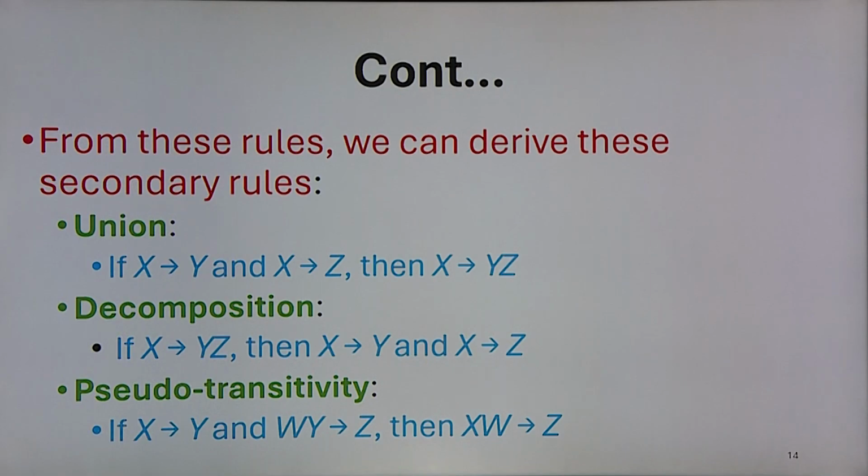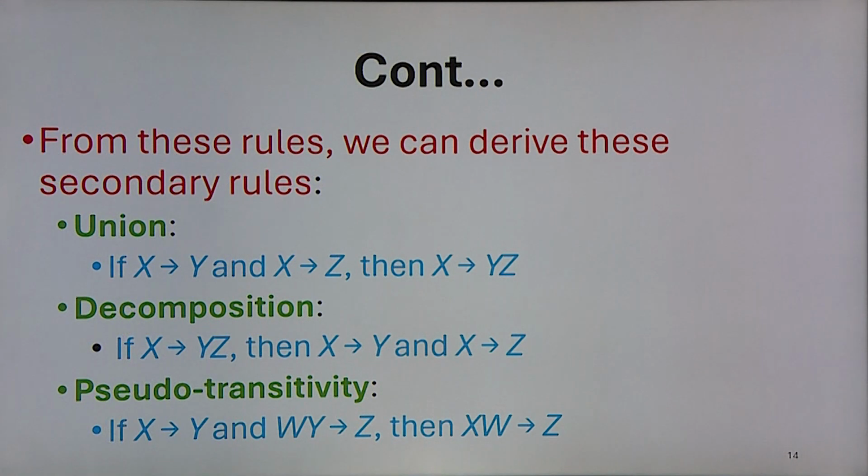Let's look at some secondary or derived rules. These additional rules can actually be derived using the primary axioms, and they make reasoning about functional dependencies much easier in practice. The first derived rule is the union rule. It states that if X determines Y and X also determines Z, then X determines both Y and Z together.